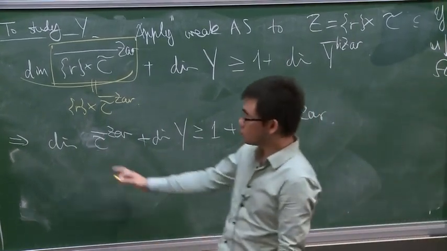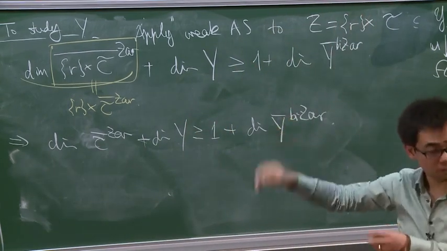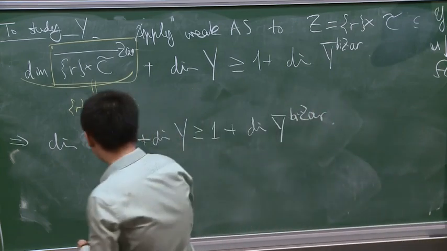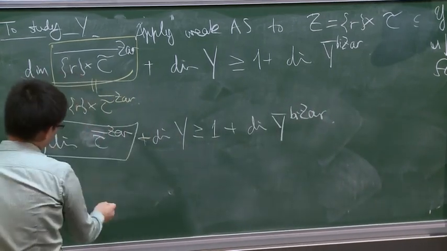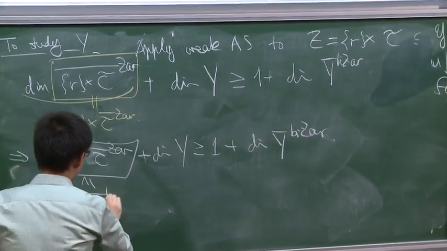Well, by the choice of c, we know that y is r times c theta, and take the RC closure. So of course, this thing is smaller or equal to the dimension of pi y bizarre.